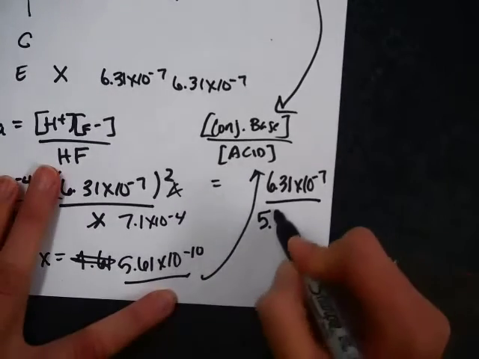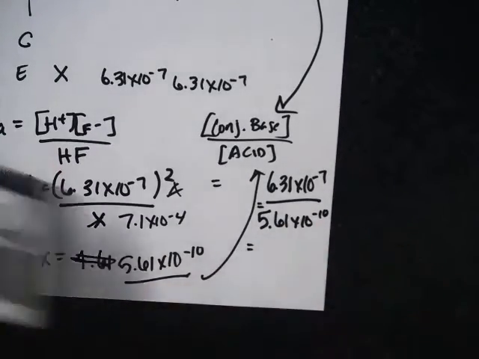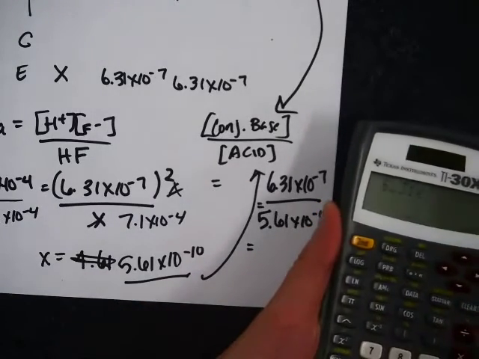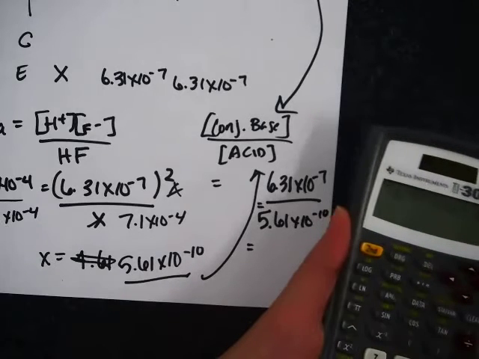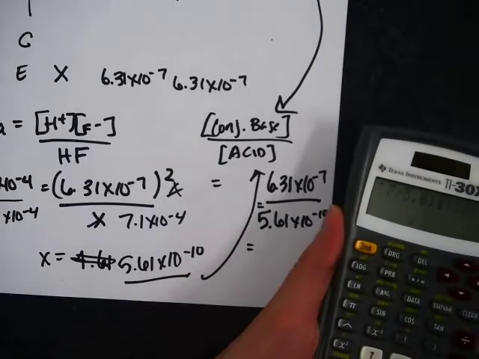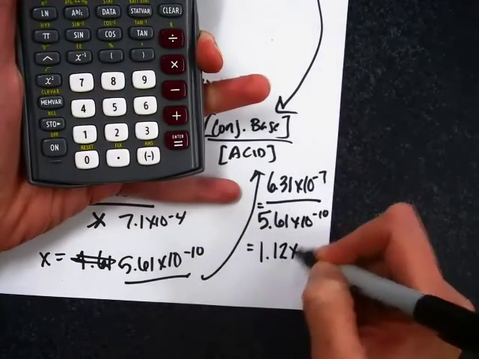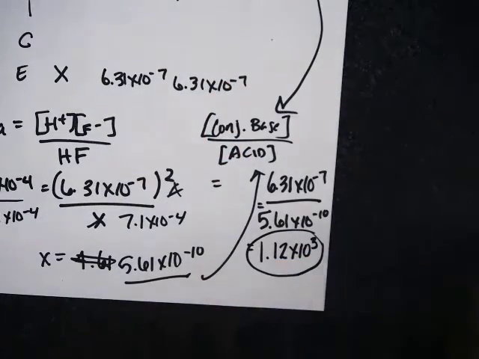You can kind of see what I did there, hopefully. So then I plug in the HF, the answer on the bottom. I got 1.12 times 10 to the 3, which would be 1,120.